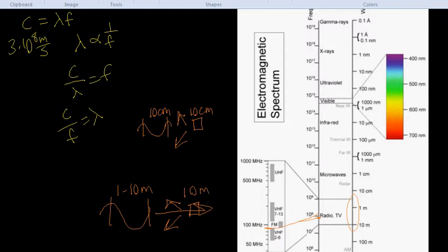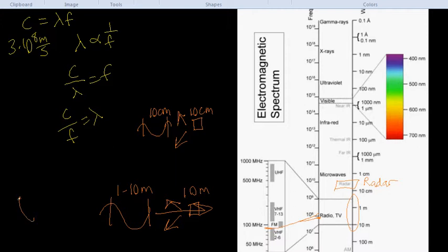In this case, you can send an electromagnetic wave at an object, and the wave will bounce back at you, and you can use that bouncing wave to determine where the object is. And that is what we call radar. This little word here is radar.